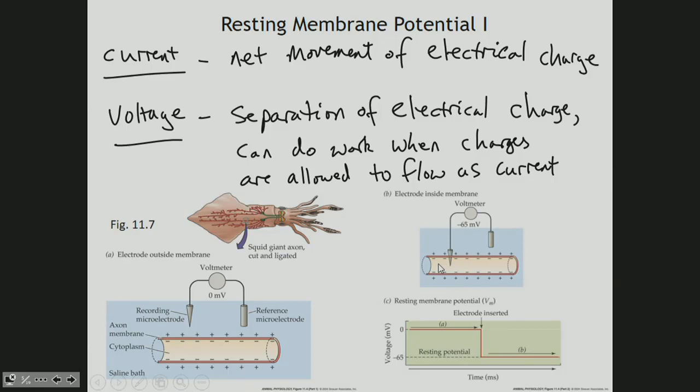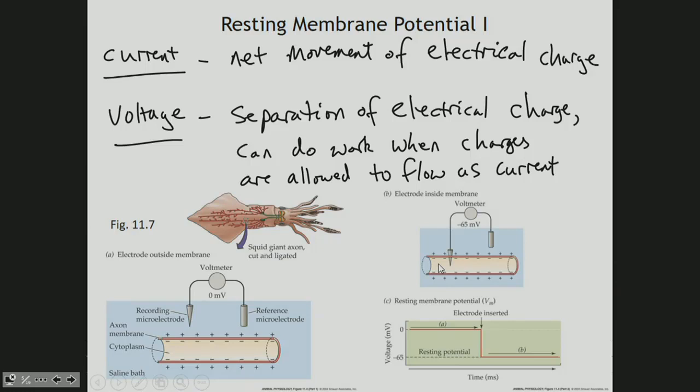To do that, we have to define current, which is the net movement of electrical charge, as compared to voltage, which is a separation of electrical charges. If you have a voltage, you have a separation of electrical charges that can do work when it's allowed to flow as a current. So once voltage is allowed to flow as current, you can do work with that.